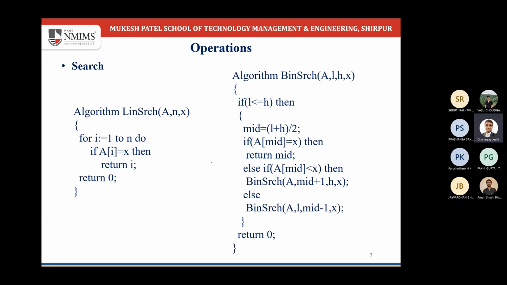Half, 1 by 4, 1 by 8, 1 by 16, until there is only one element left. So ultimately, the number of comparisons required in worst case would be log n base 2. And certainly log n is smaller than n. That's why binary search is more appropriate if we talk about computing time.